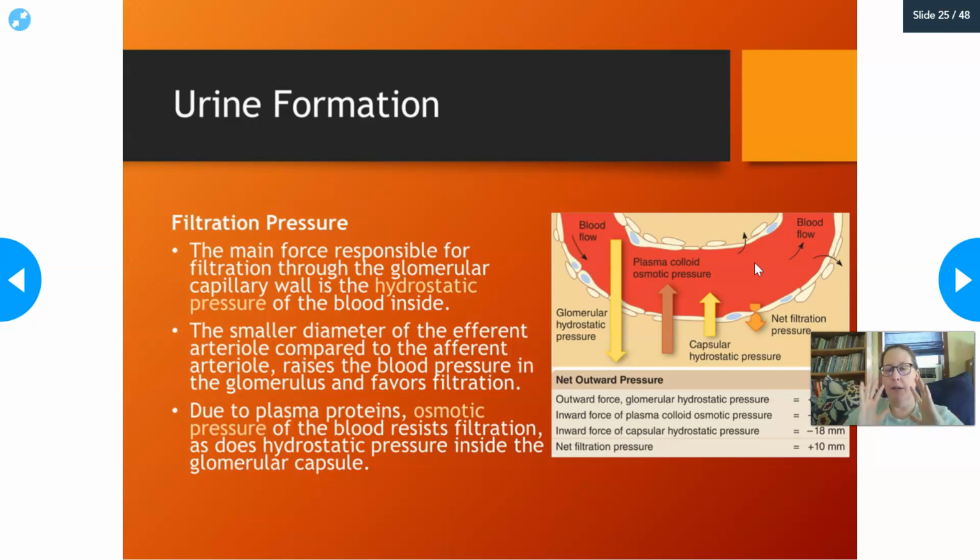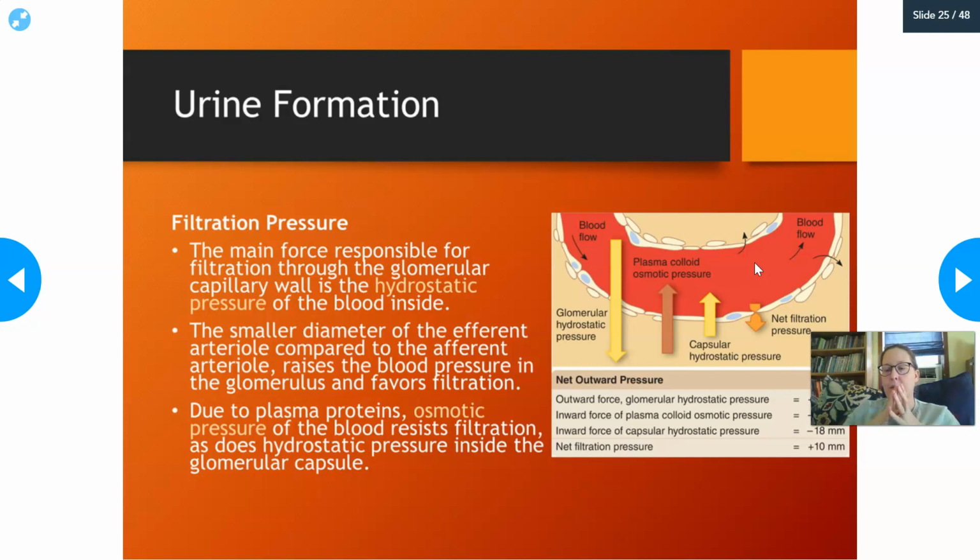Okay, so think about the afferent bringing a lot of blood in, but then having a much smaller exit for the efferent, right? So all the blood that comes in can't all leave through the efferent, so it has to go somewhere.